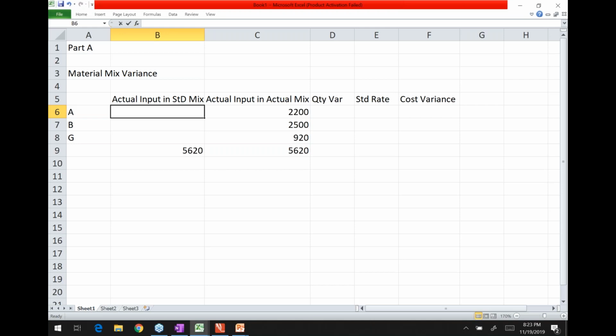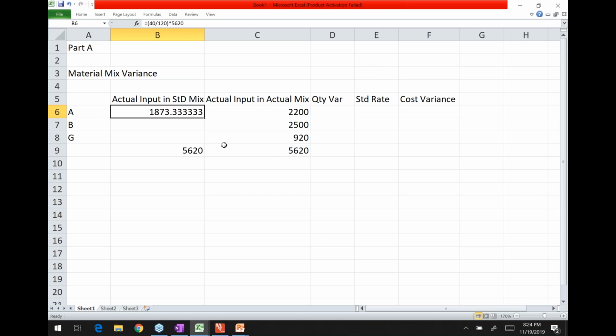I will open the cell, equals bracket open 40 divided by 120, as you saw before, multiplied by 5620. So you can see this figure 5620, and I am using the actual input of 5620, and I have bifurcated that using the standard mix.